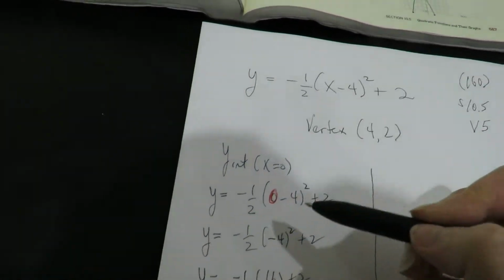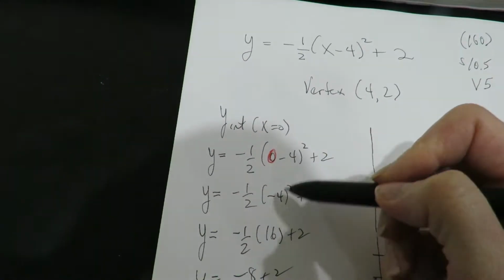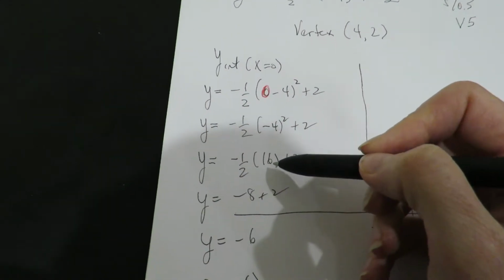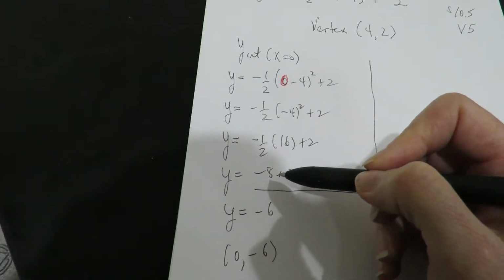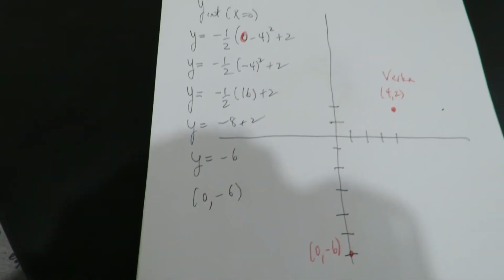Okay, so what we did here for the y-intercept is we let x equal 0. So 0 minus 4 is minus 4. Minus 4 squared is 16. Negative 1/2 times 16 is negative 8. Negative 8 plus 2 is negative 6. So that's our y-intercept right here.